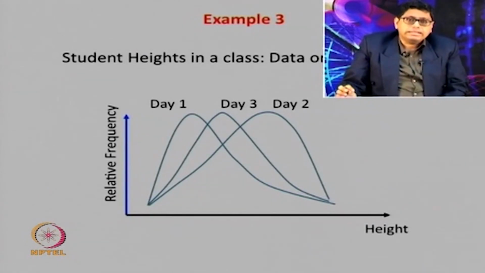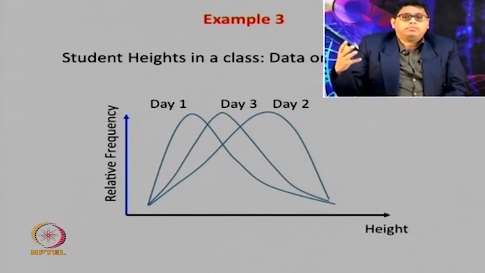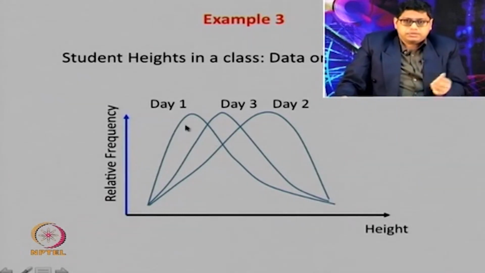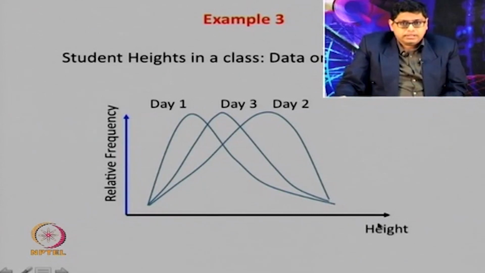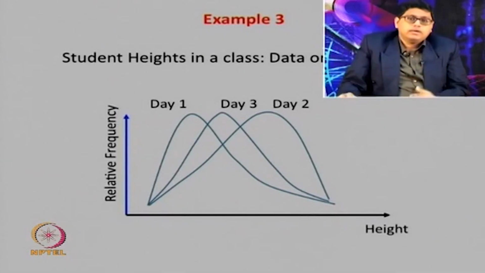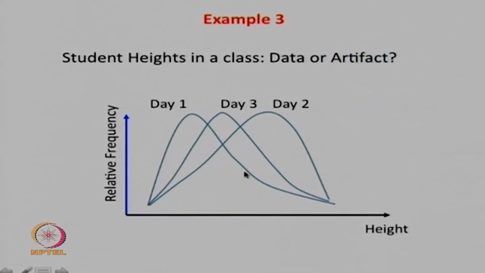Now, imagine that on average your population consists of boys and girls, and on average boys are taller than girls. Then it is possible that on day 1 you had a greater number of girls present in the lecture, on day 2 you had a greater prevalence of boys attending the lecture, and on day 3 there is a reasonably equal fraction of boys and girls present in the class. Okay.